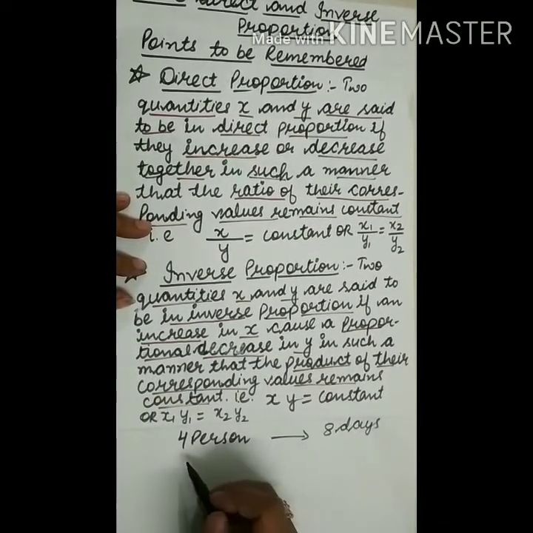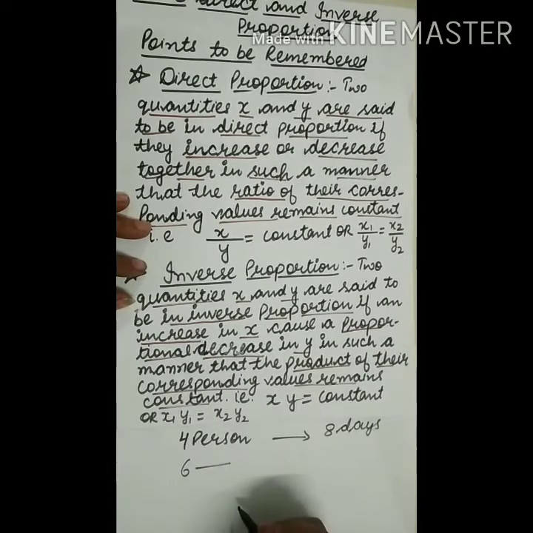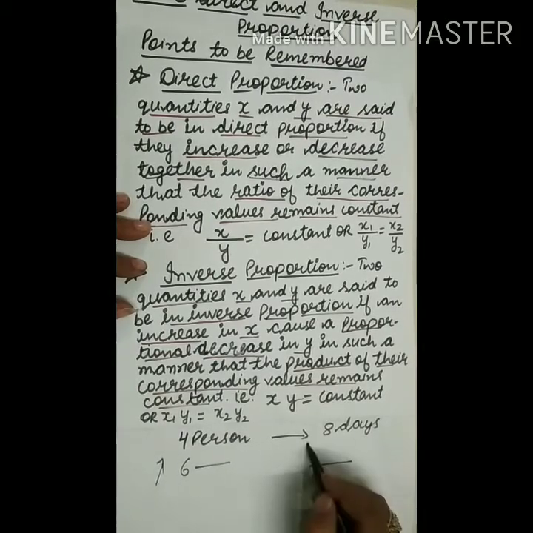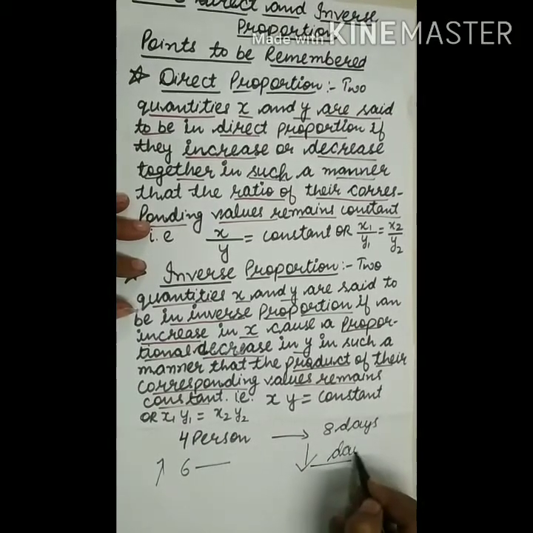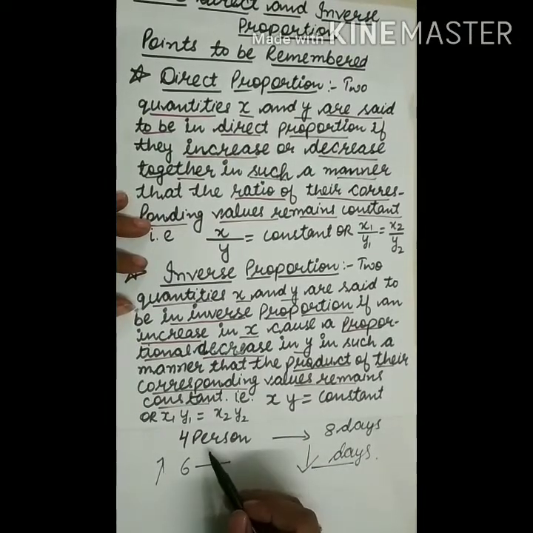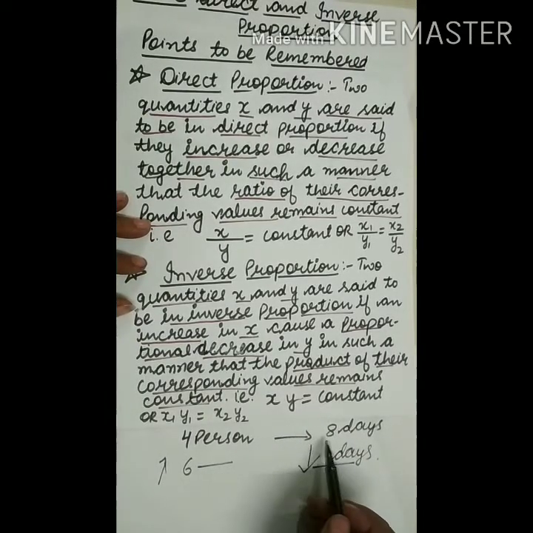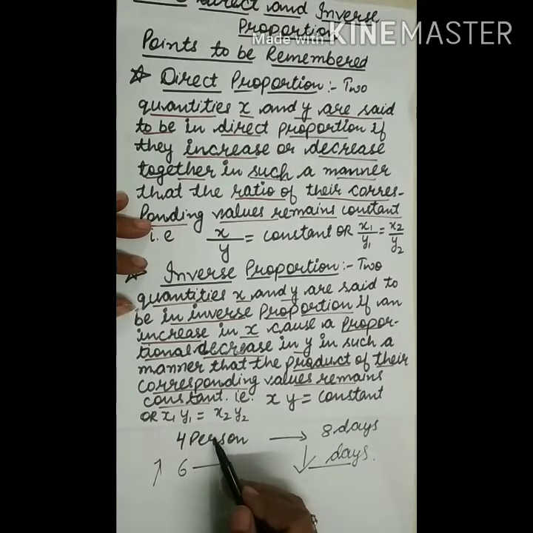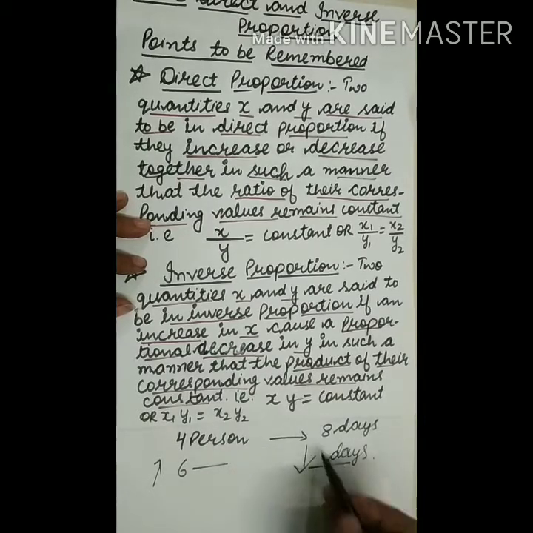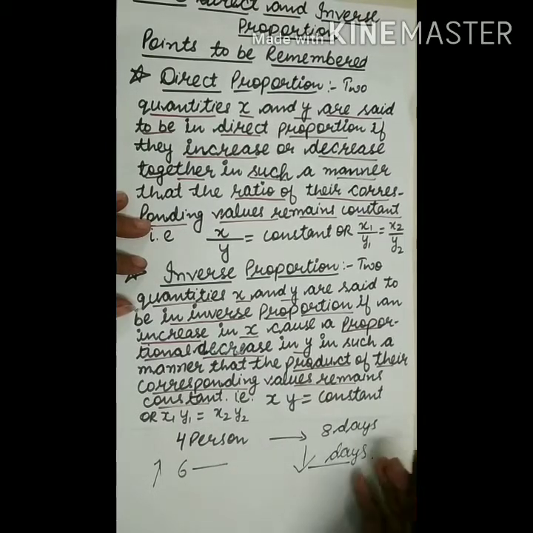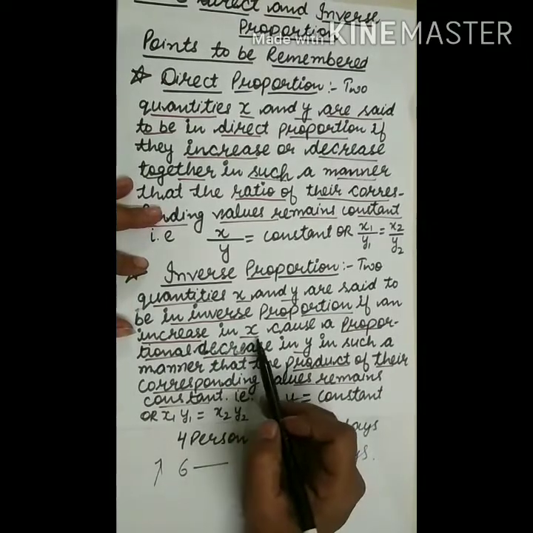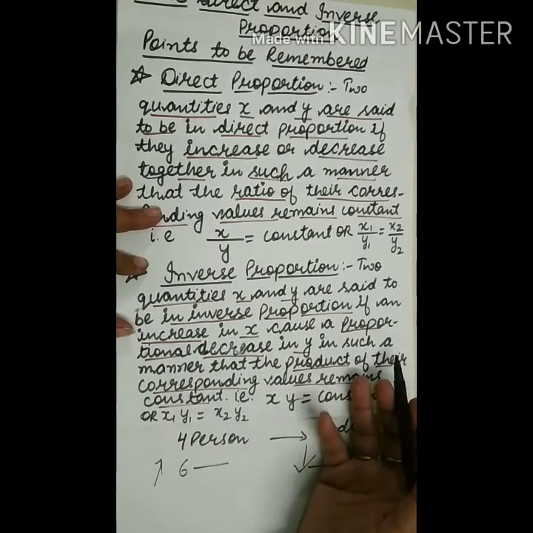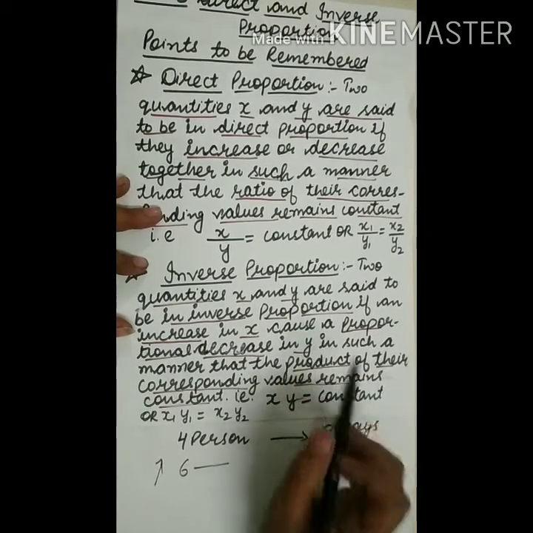Now if I am taking 6 persons instead of 4 persons, then as the number of persons increases, the number of days will decrease. When an increase in one factor causes a proportional decrease in the other factor, then the proportion is said to be inverse proportion.